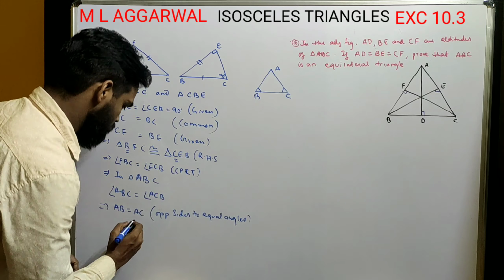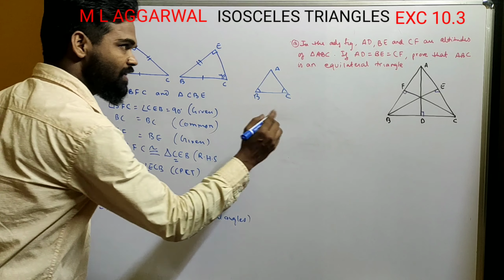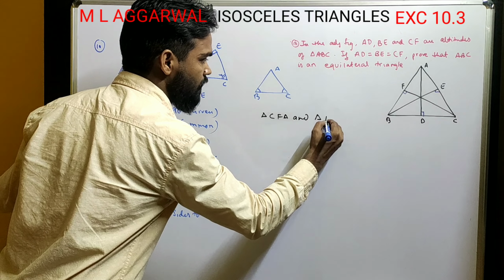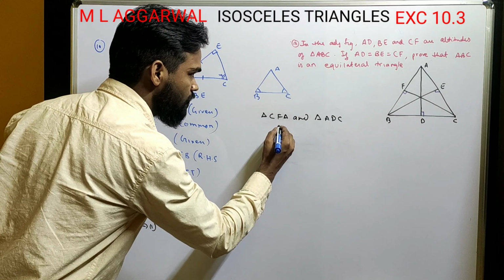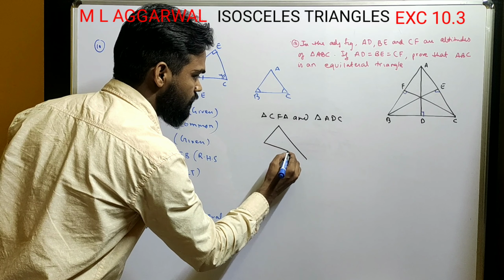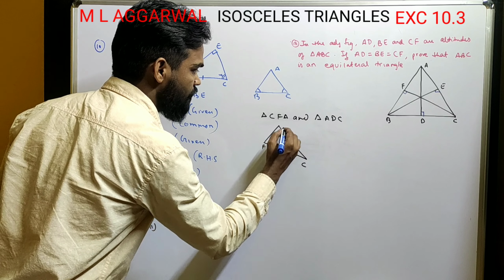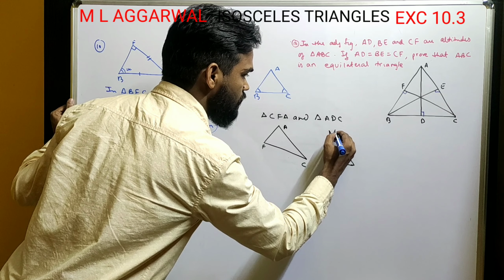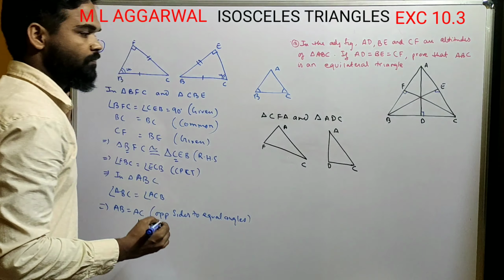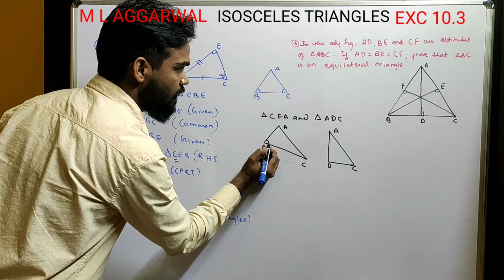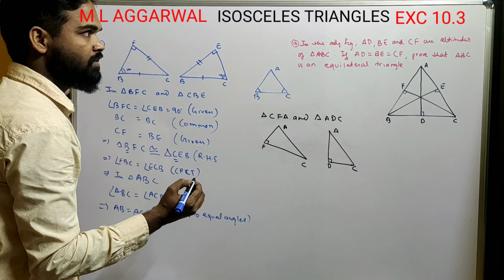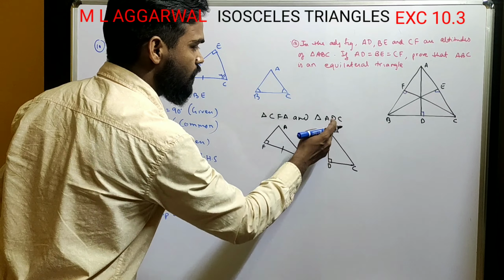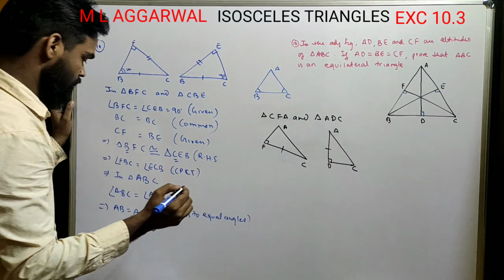Now suppose this is your one. Now look at triangle CFA and triangle ADC. If I can draw, look carefully. This is your CFA and this is your triangle ADC. Okay, this is 90 degrees, this is 90 degrees. CF is equal to AD, that's given to us, isn't it?